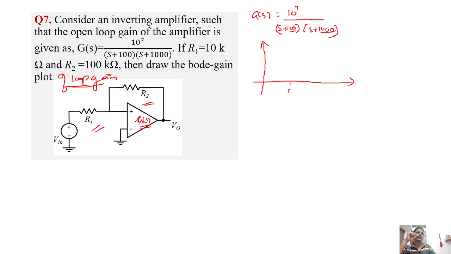Let this be 100 and this be 1000, on the omega axis. Initially at very low frequency, the value will be a constant. We just substitute the j omega value and you will get a constant value, say some k. At frequency 100, there will be a change in the amplitude. It will have a roll off at -20 dB. So this is all about g of j omega.